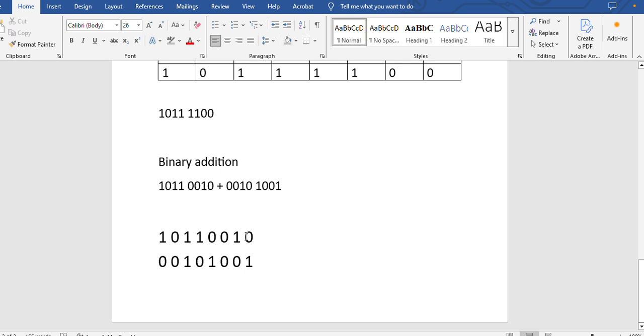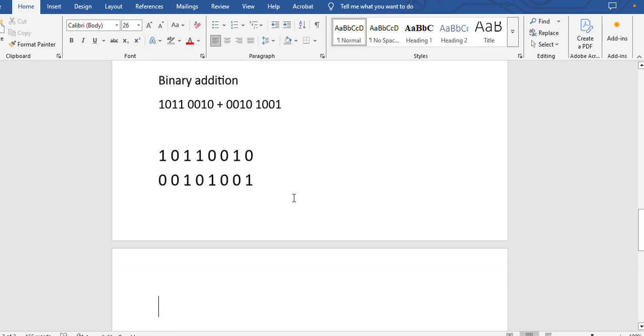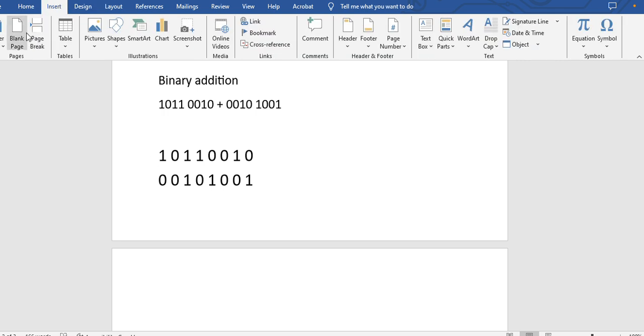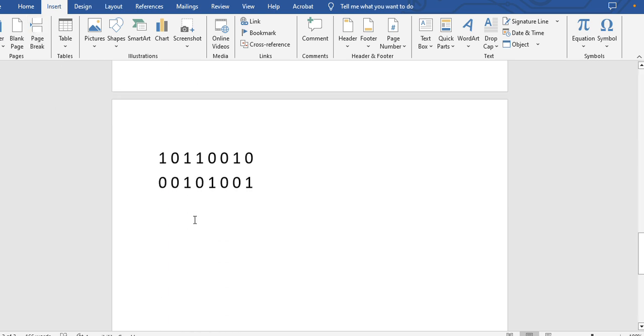So for you to add this, niweke some spaces so that the place values can be clearly seen like that. You ensure that the place values are matching so that you don't get confused. So here you are adding this one, the 0 plus 1.